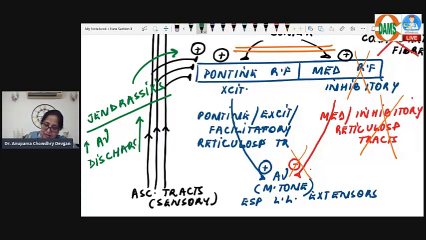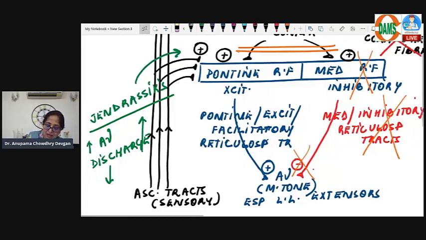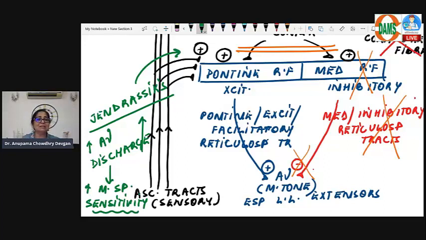Because sensory input from the tips of the fingers sends collaterals to the pontine area. The pontine area gets excited. The pontine or excitatory tract now increases activity. It increases the A gamma discharge. And once the A gamma discharge is increased, this increases the muscle spindle sensitivity, and you get an excellent knee jerk, right?